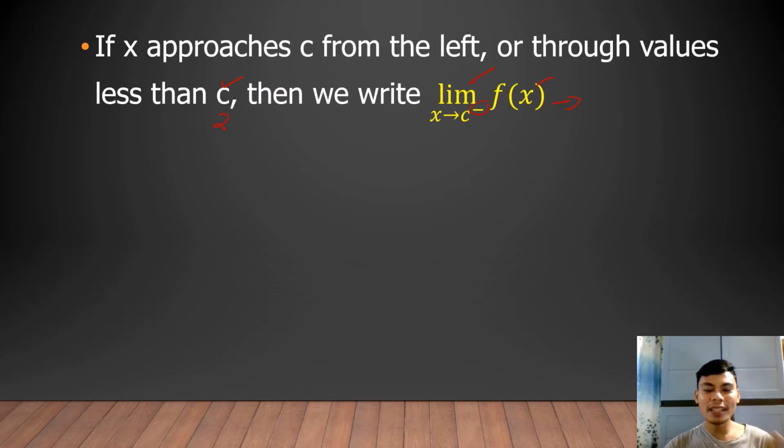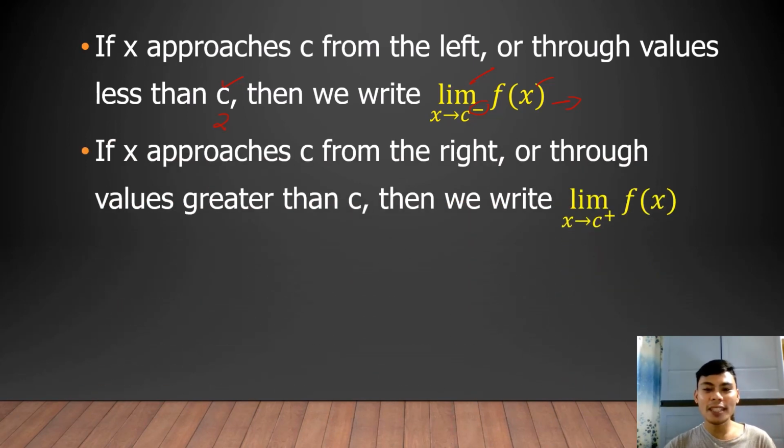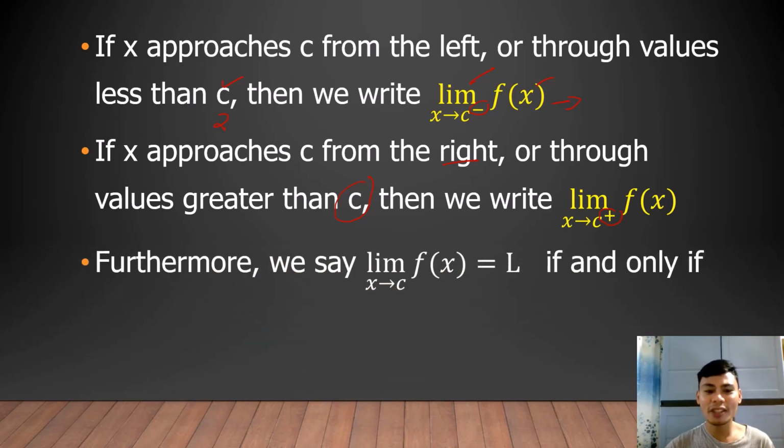The limit of the function or f of x as x approaches c from the left. Ang sign dyan, negative. If x approaches c from the right or through the values greater than c, then we will write the limit of f of x as x approaches c from the right. So, positive siya. Again, ang left, negative. From the left, ang right, positive. And this is the very definition of a limit.